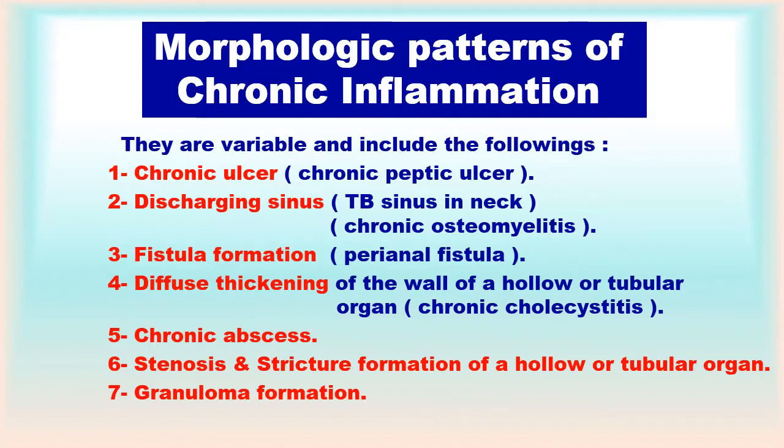So, sinus is defined as a tract that connects between the body surface or skin and underlying tissue or underlying organ. Sinus has one end opened to the skin and the other end blind or closed, with discharging material.